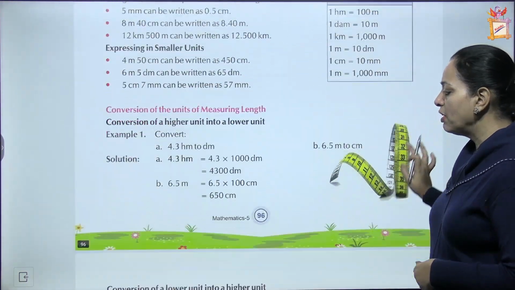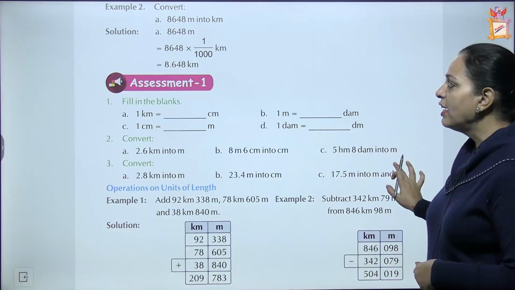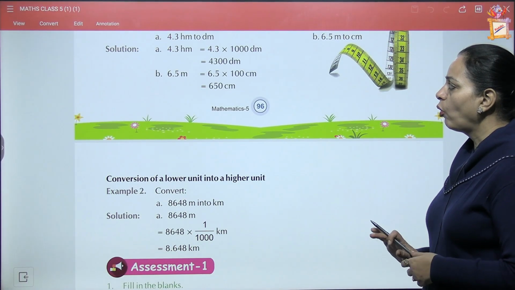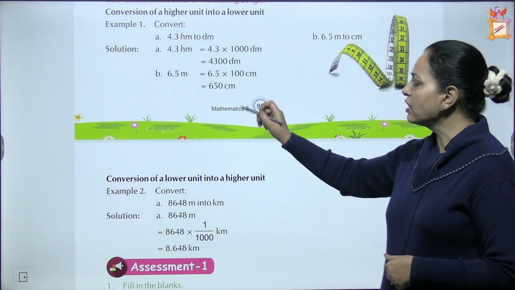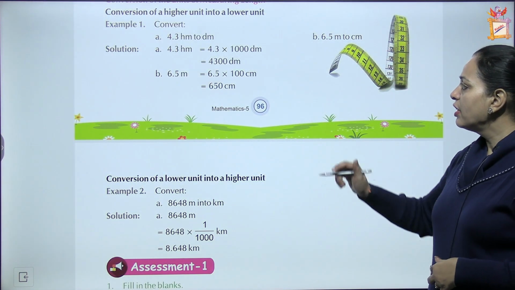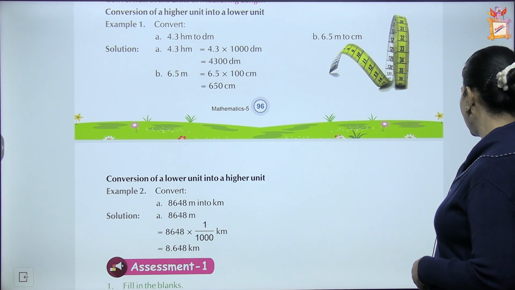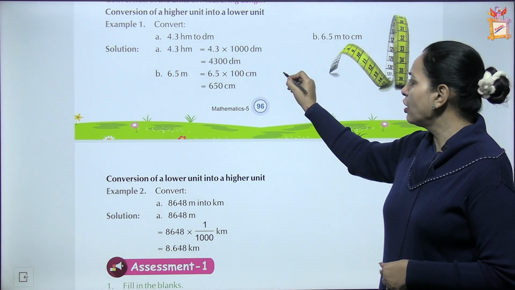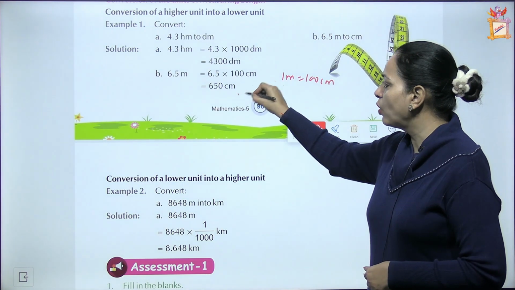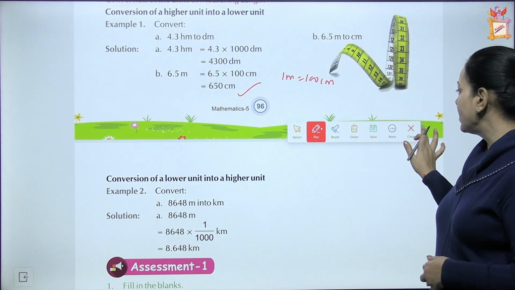So 1 hectometer equals to 1000 decimeter. So what to do? We will multiply 4.3 into 1000, that is 4300 decimeter. Now 6.5 meter to centimeter. So 1 meter equals to 100 centimeter. So 6.5 into 100, 650 centimeter.